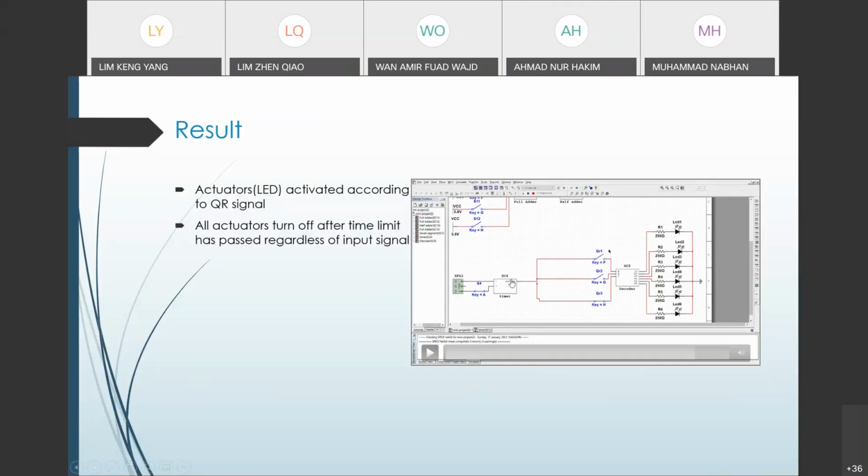Let's say the customer has missed their parcel and cannot get it themselves, then after the time limit, that is 60 seconds, we will shut down every actuator and let the robotic car move onward to the next customer. So we will not wait forever for them. After the time limit has passed, we will shut down every actuator regardless of the signal of the QR scanner.